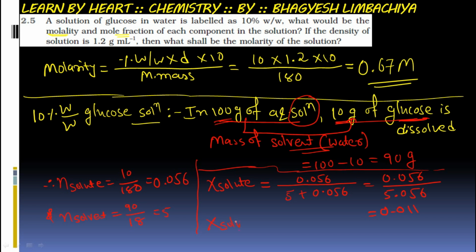Similarly, X of solvent will be 1 minus X of solute, because the total of the mole fractions is 1. So 1 minus 0.011, and our answer will be 0.989. Here we have calculated the mole fraction. Now molality remains.